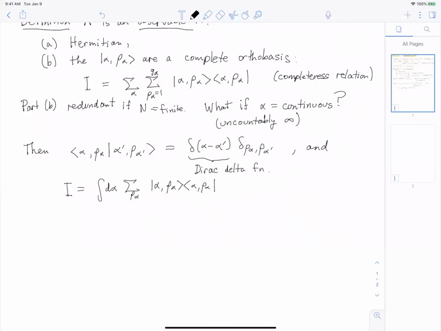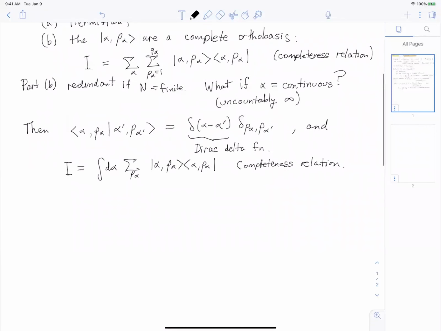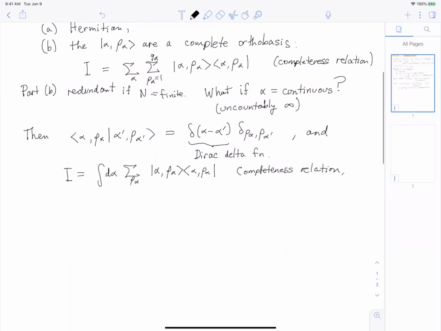So this is also the completeness relation. And there are even situations where the rho sub alpha are also continuous. Then what you do is you just replace the sum over rho sub alpha by an integral over rho sub alpha. Okay, so that's our definition of what an observable is.